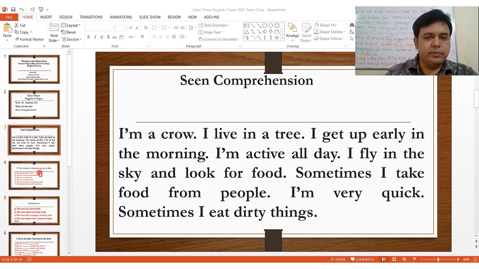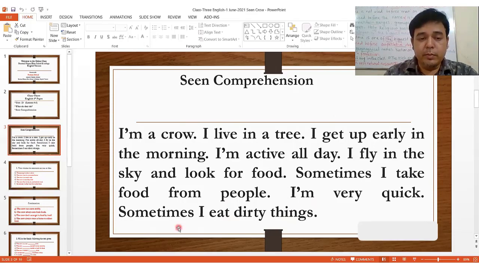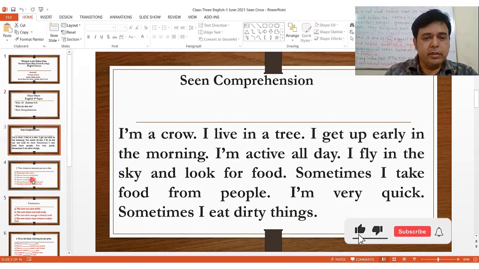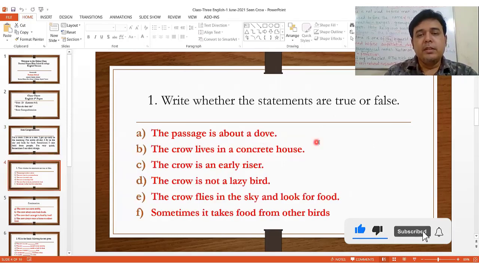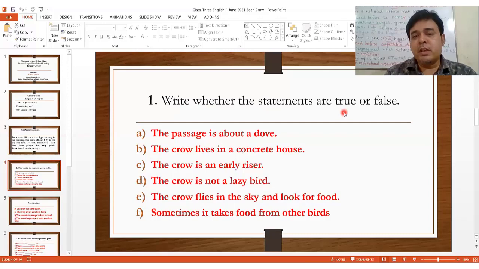Now we'll go to the next point, and that is number one, write whether the statements are true or false. There are some examples of true and false, and we'll check that.